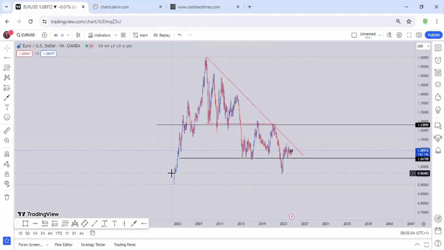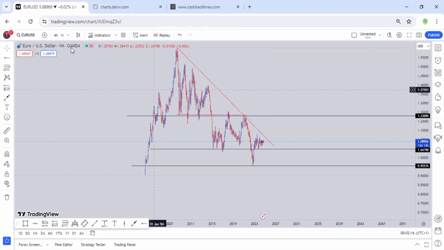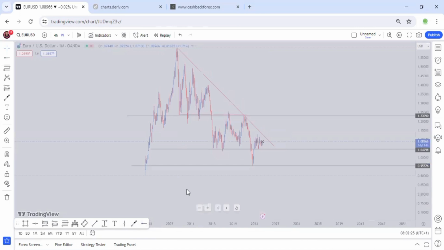If you don't know how to do a top-down, this is a top-down here for you to learn, of course for free, on this channel. So let's go down to the weekly. Weekly is the junior brother to the monthly time frame.